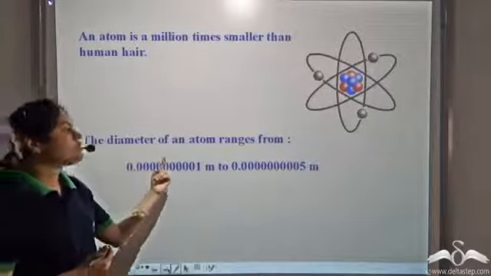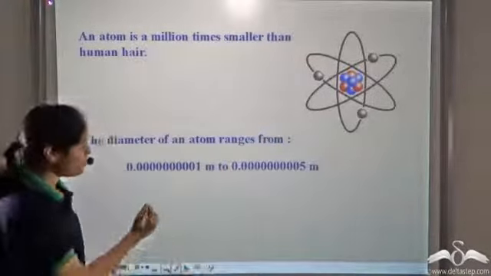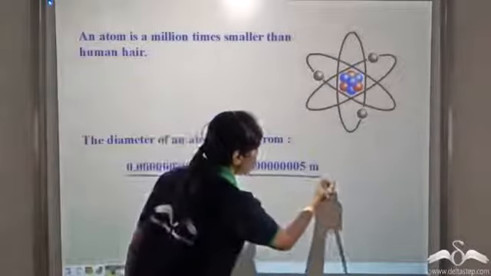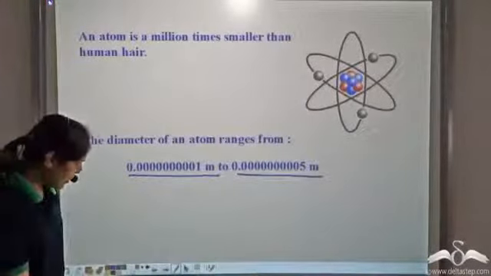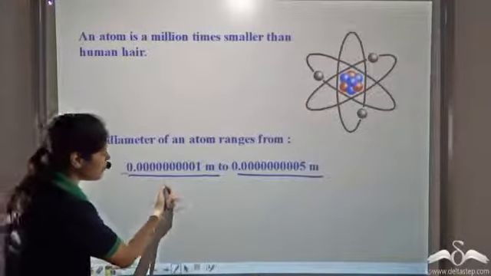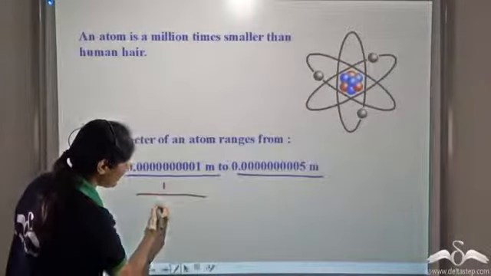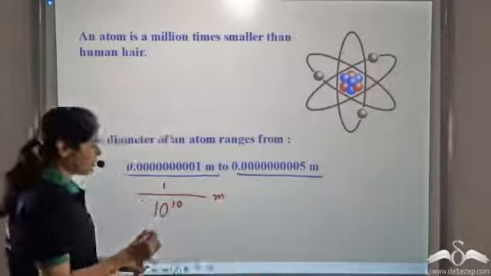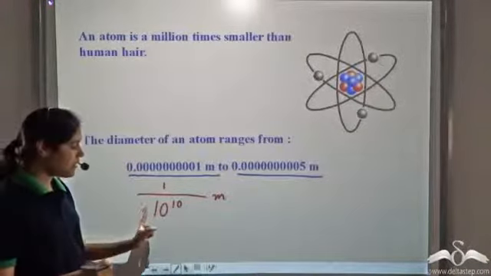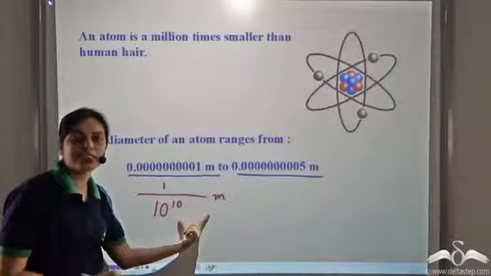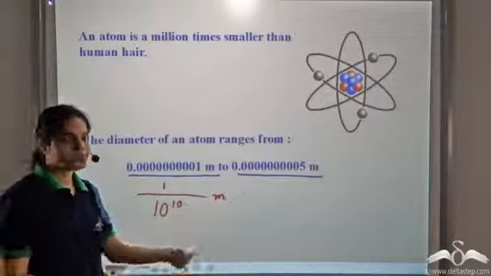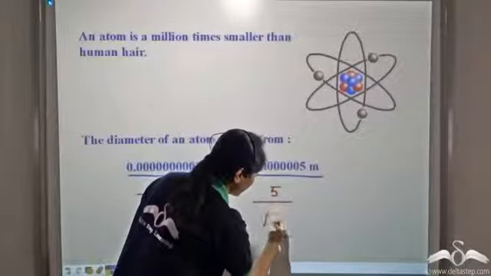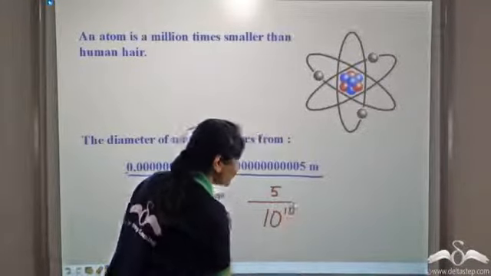The diameter of an atom ranges from these many meters to these many meters. Now this is 1 divided by 10 to the power 10 meters. That is 1 divided by 1 followed by 10 zeros meters. And this is 5 divided by 10 to the power 10 meters.